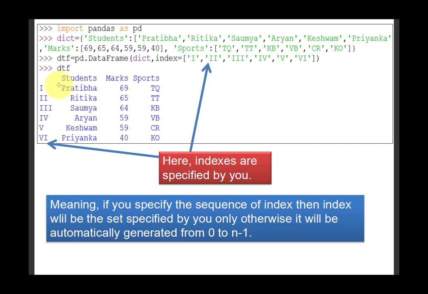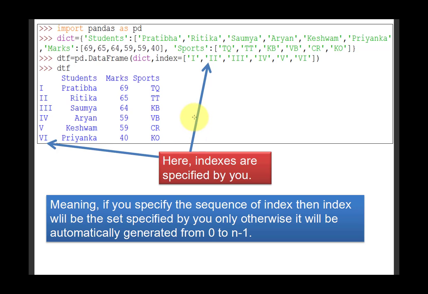You can see the index values that we specified in the output, in the form of Roman letters, and its values are these. So this is the way to specify the index in the data frame.